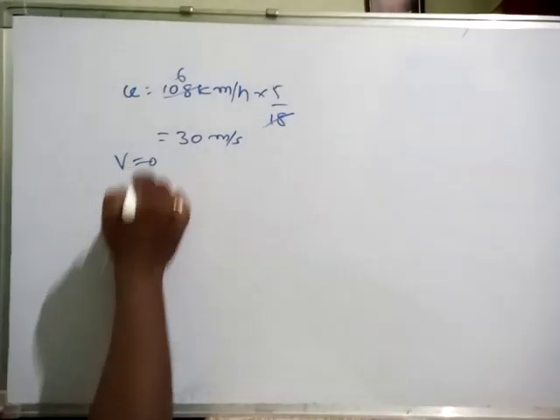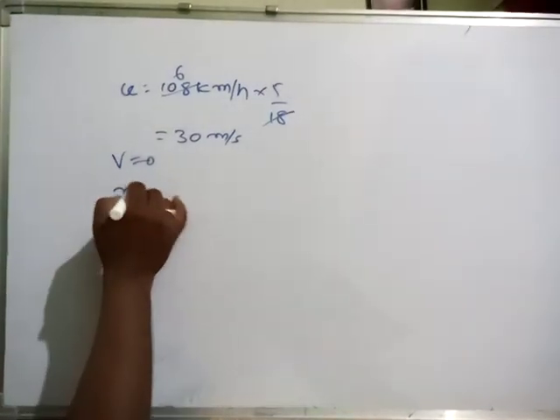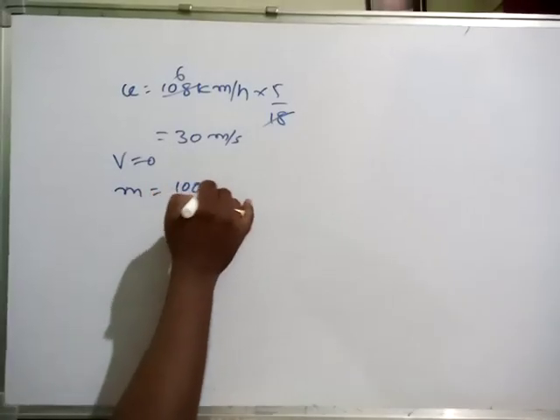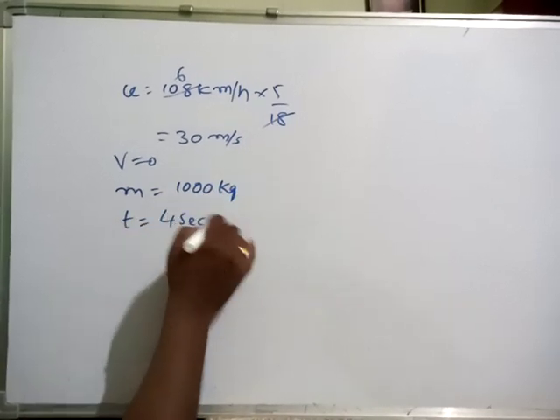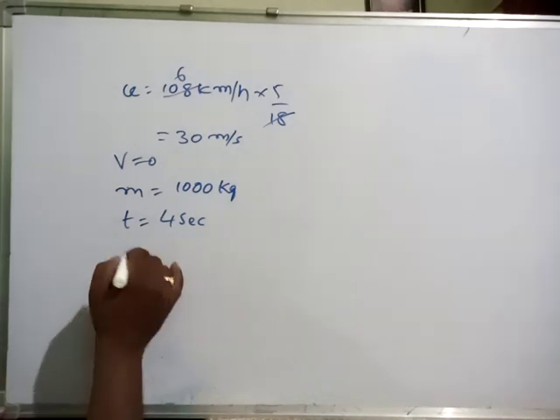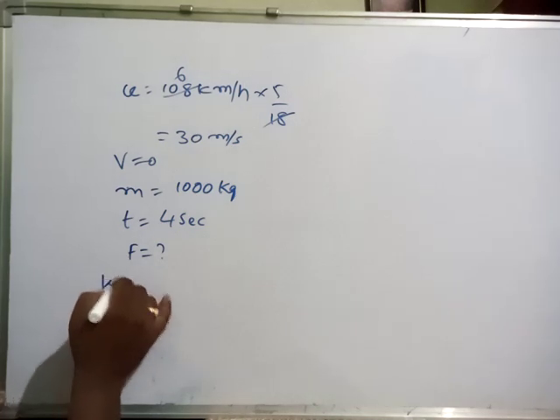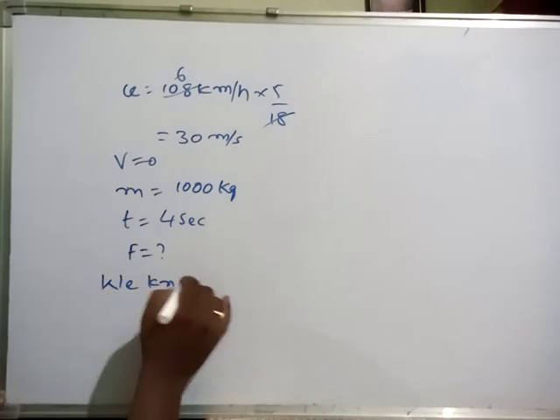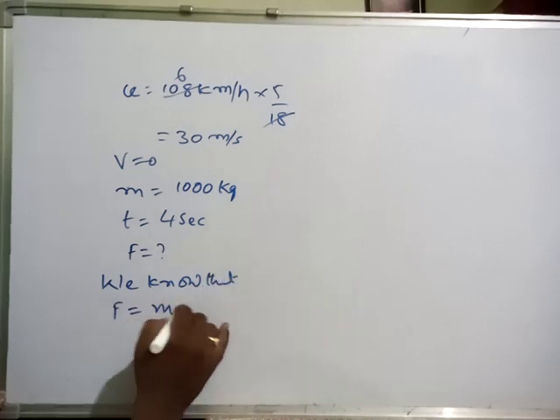Final velocity is 0 because brakes are applied and it came to rest. Mass is equal to 1000 kg. Time is equal to 4 seconds. How much force is required to stop that one? So we know very well that F is equal to ma.